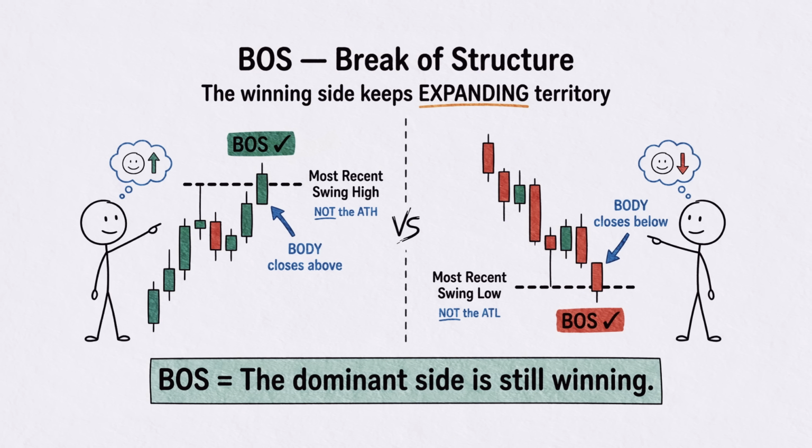Each time the candle body closes beyond the last swing point, that's a new BOS confirming the trend is alive. In a downtrend, BOS happens when price closes below the previous swing low. Now you might be wondering, which swing high, which swing low? There are so many on the chart. I'll show you exactly how to identify the right ones in a moment. For now, just understand the concept.